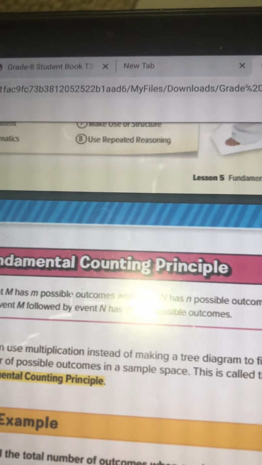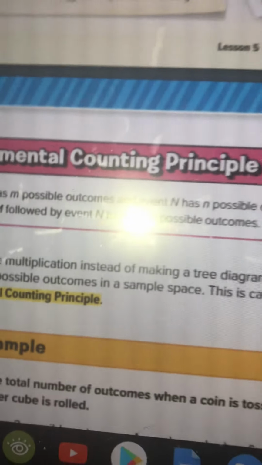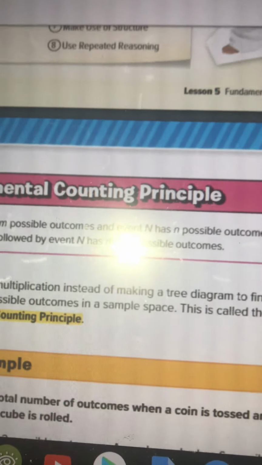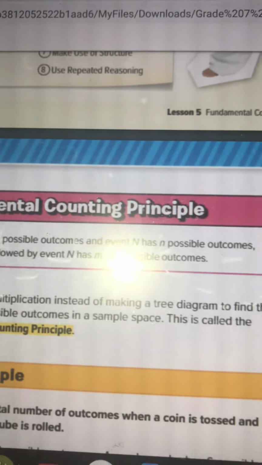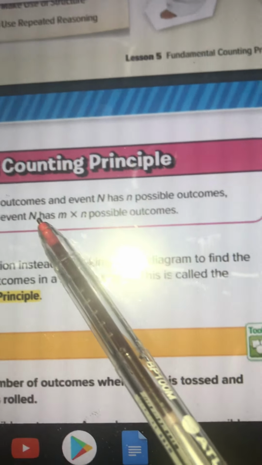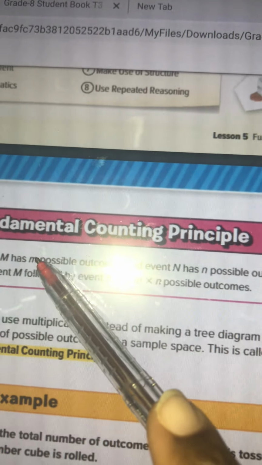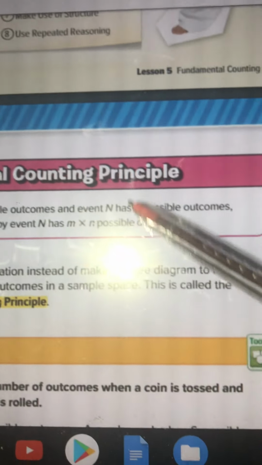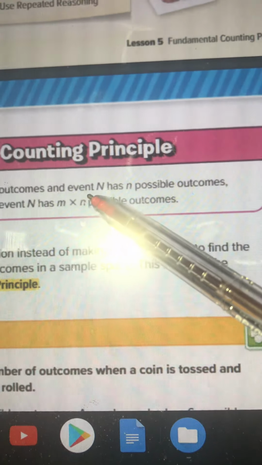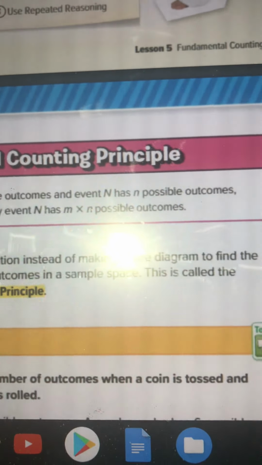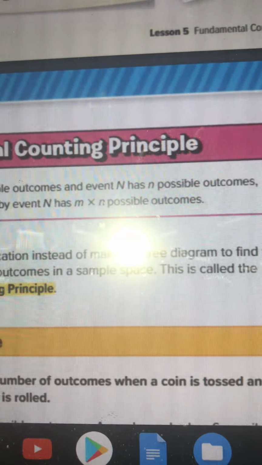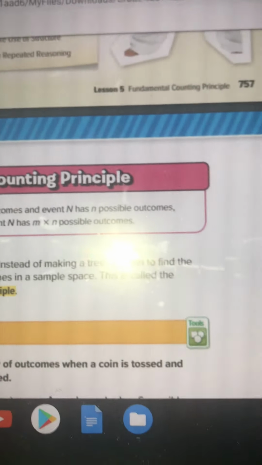It depends on the tool that you're using, whether it's a spinner, a coin, or a number cube. The event M followed by the event N means you multiply the outcomes that are in M and the outcomes that are in N, and this will give you all the possible outcomes in that probability. We will do an example, okay?